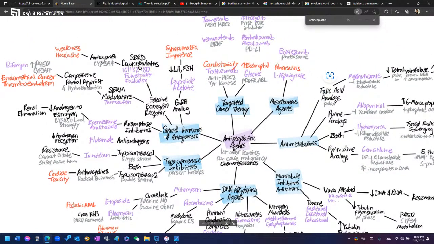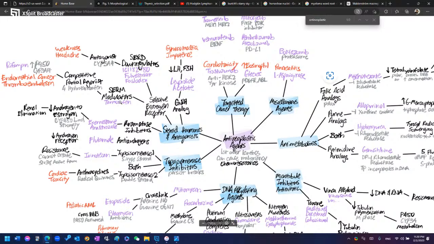Steroid hormones. You're trying to lower the effect of certain factors in growing, and a lot of steroids are helpful for growing some of your tumor cells. So aromatase, GnRH analog, and selective estrogen.